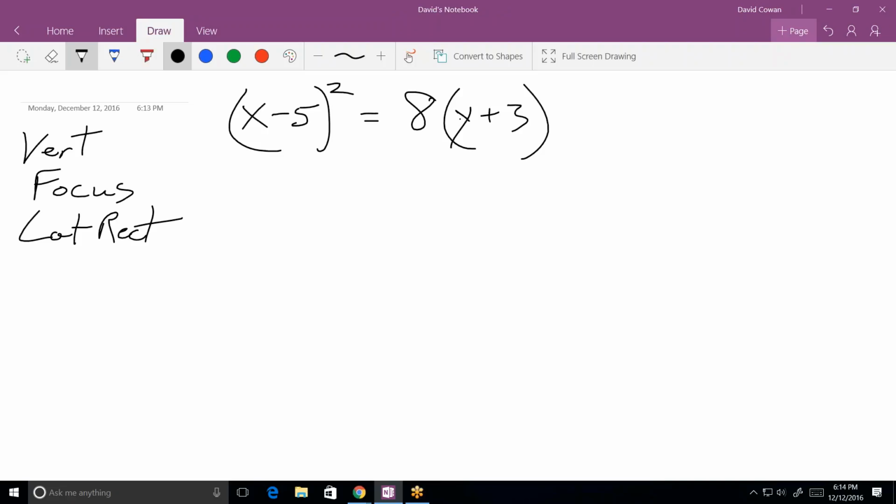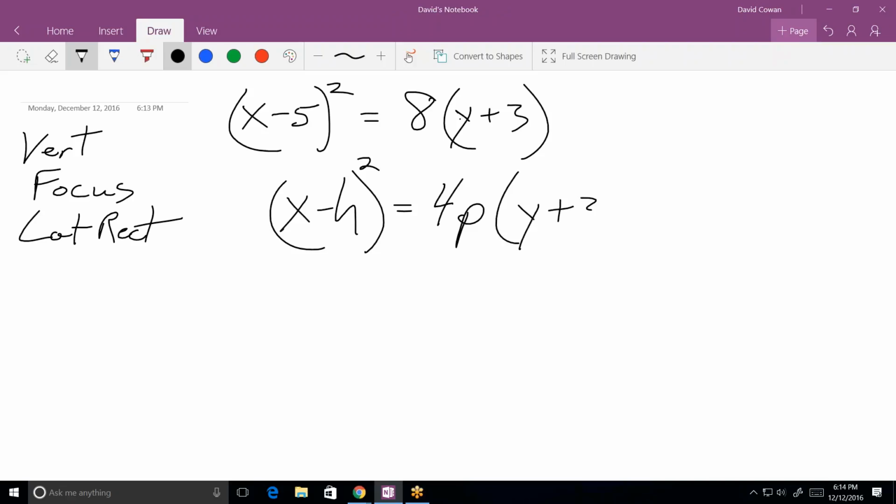I cannot remember what your general format is, but here's the general format that I think works best. It seems to me like you use A and not P, if I remember correctly. Okay, let's do it that way then. Since A is 1 over 4P, the A goes right there.